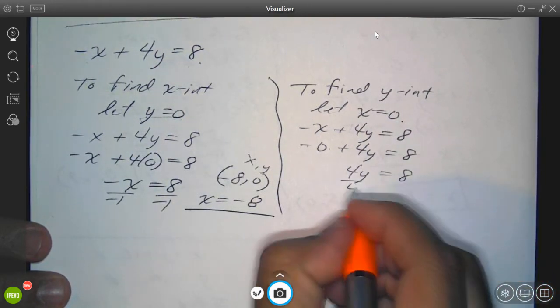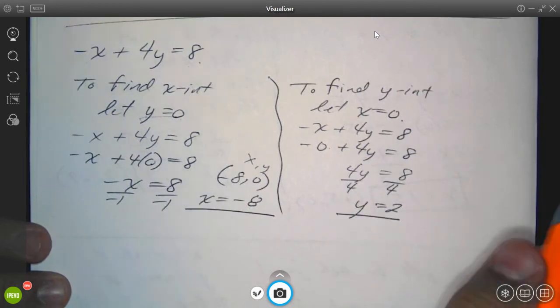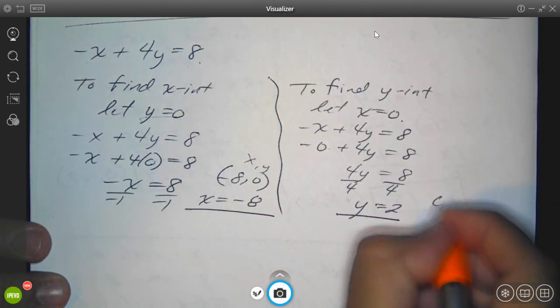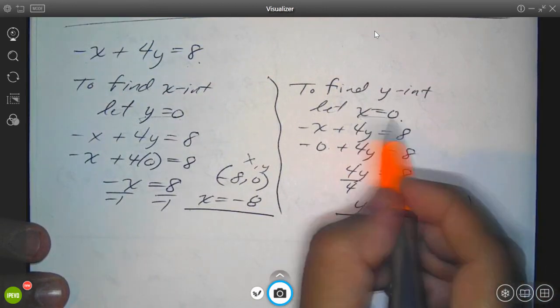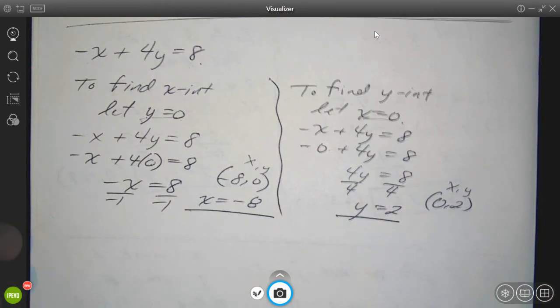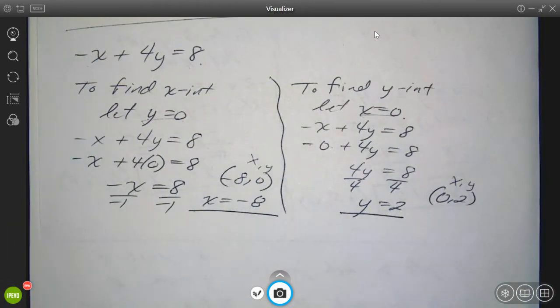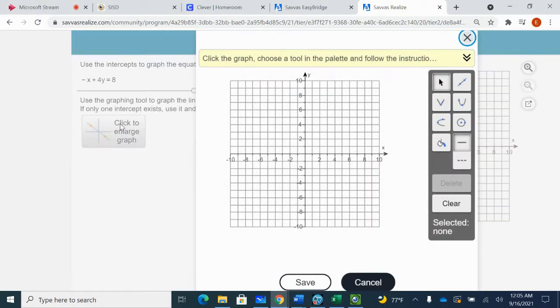To solve for y, I divide by 4 on both sides. So I get that y is equal to 2. So my y-intercept is 0, 2. Again, guys, x is 0, so this is x comma y. There it is. So my x-intercept is negative 8. My y-intercept is 2.